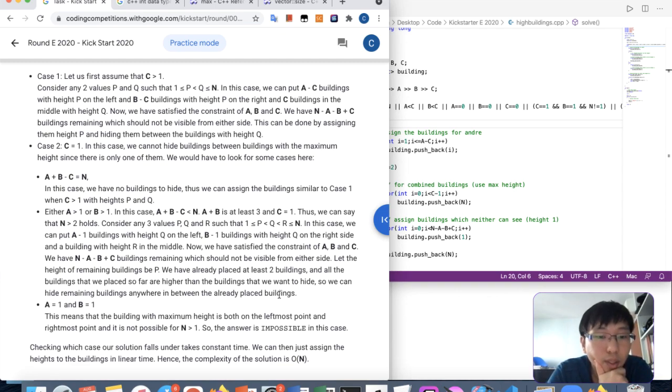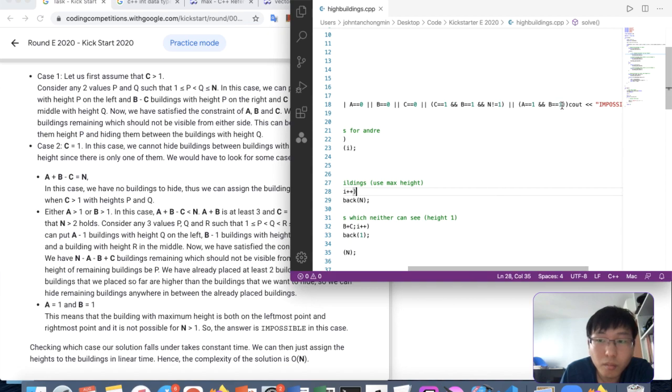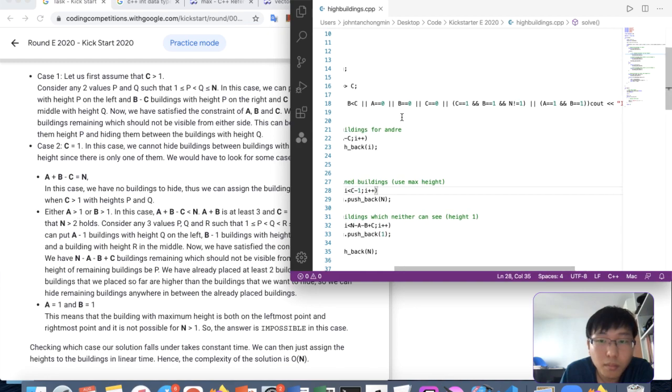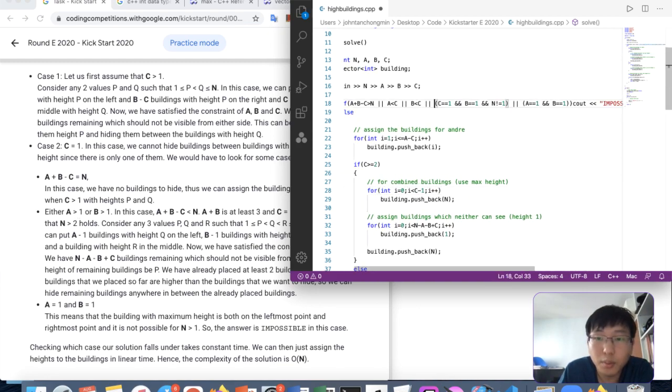Thus, we can say that N greater than 2 holds. These three I can pick out. They won't give 0 values.